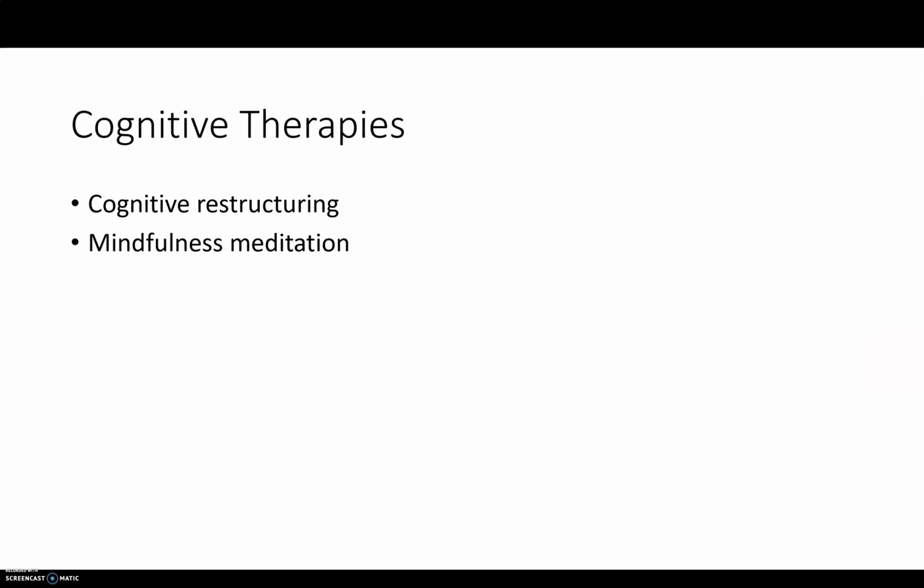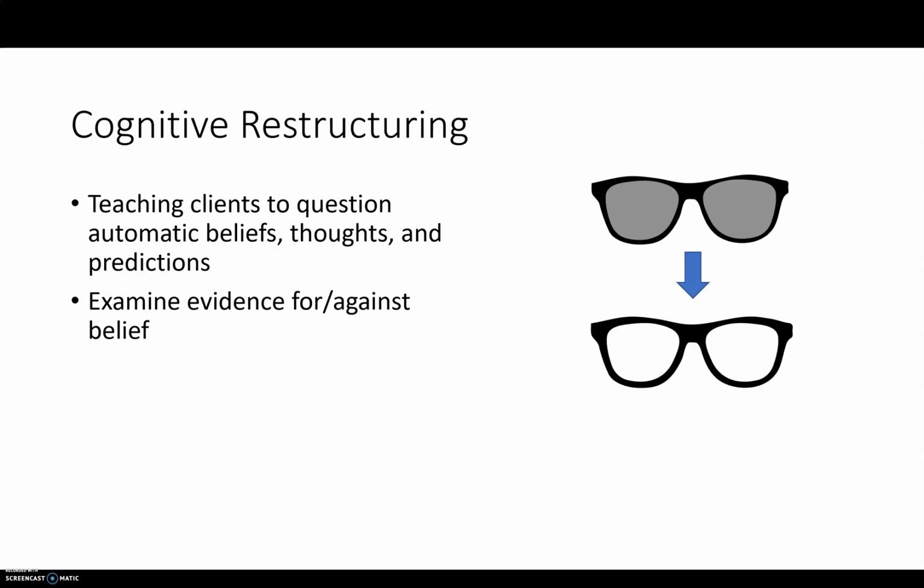So cognitive therapies, two therapies we'll address that fall under this are cognitive restructuring and mindfulness meditation. Cognitive restructuring is facilitating clients changing their perspective of automatic beliefs and thoughts and predictions.